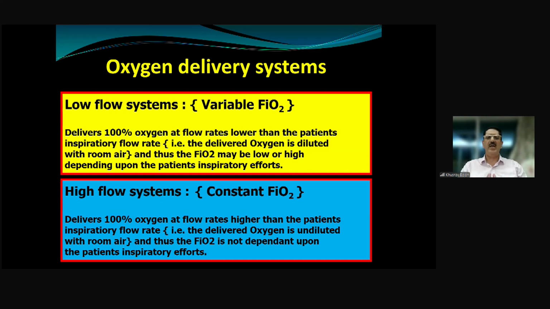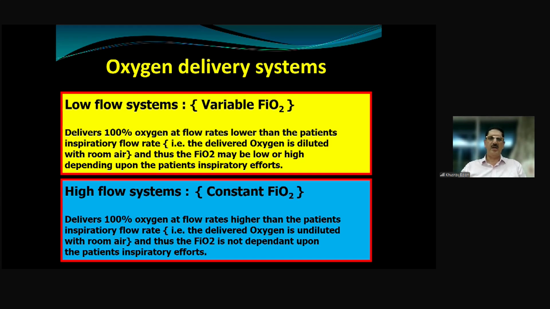Now, everyone has an inspiratory flow rate of 30 liters per minute. When the person is extremely tachypneic, it may even go to 40 or 60 liters per minute. The maximum oxygen that you give is 15 liters per minute. When this oxygen is less than the patient's inspiratory flow rate, am I making sense?